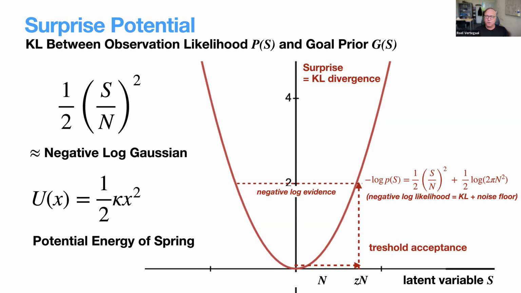And we ignore the partition function in this case, which is the added constant at the end. What this does is it gives us a threshold acceptance. We can go from a signal-to-noise ratio to another signal-to-noise ratio and traverse part of the parabola. And depending on what part it is, it is going to be a fast part or a slow part. The slower is towards the bottom of the parabola.